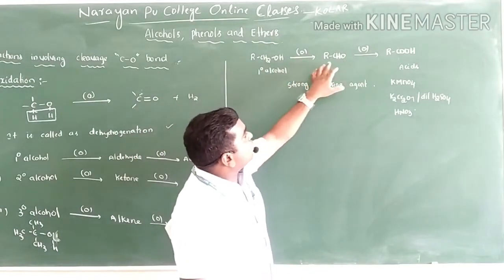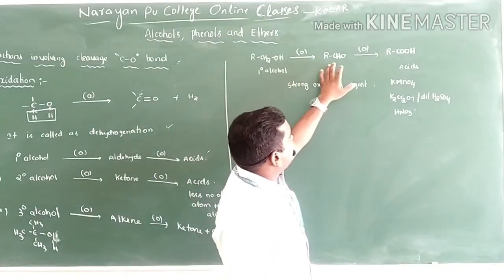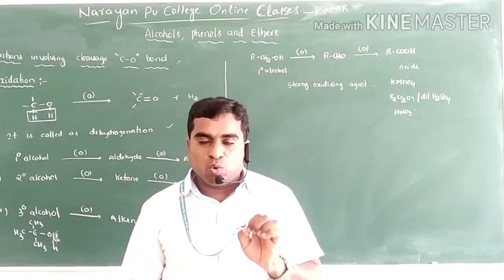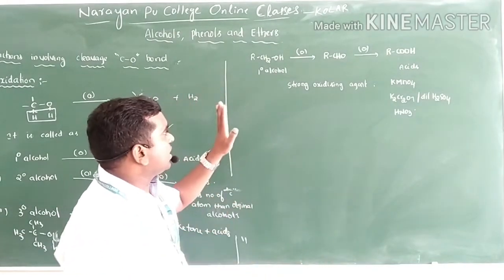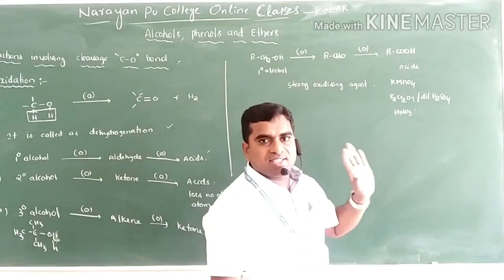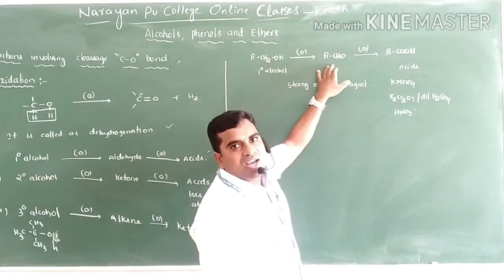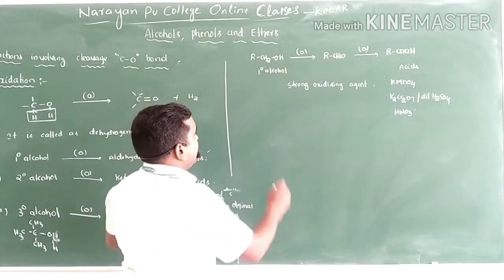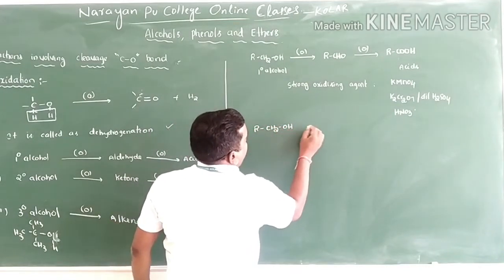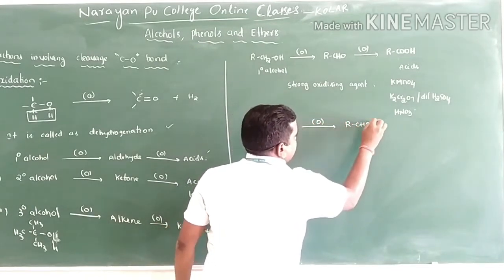But if you use mild oxidizing agents, then alcohols are converted into aldehydes. Means the reaction stops at the aldehyde stage only. And what are those mild oxidizing agents? By using them, alcohols are oxidized to only aldehydes. Means if you take RCH2OH and do the oxidation, it is converted into RCHO.